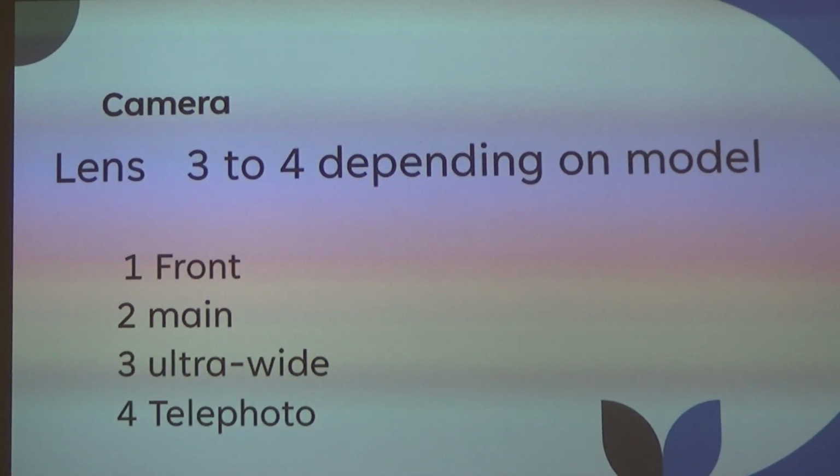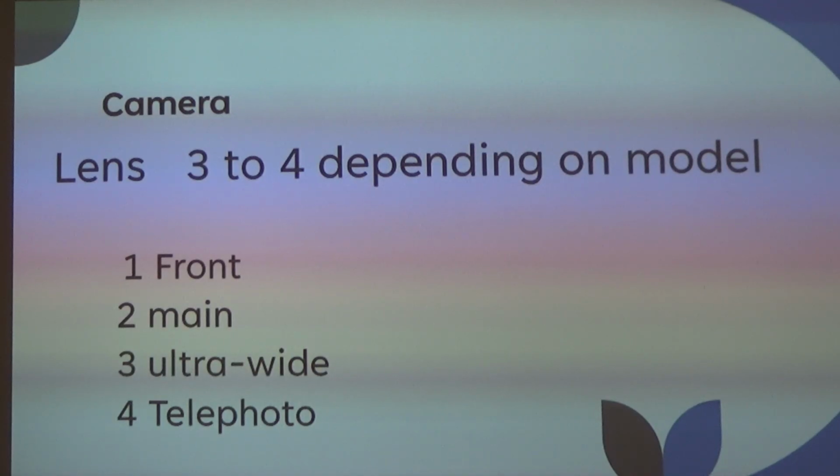Now, on the camera, there are 3 to 4 lenses depending on the model. There's one in the front. That's the one that you use to take your selfies with. And you will find that that's pretty much the same on almost all the cameras. The second one is the main camera, which is on the back of the phone.